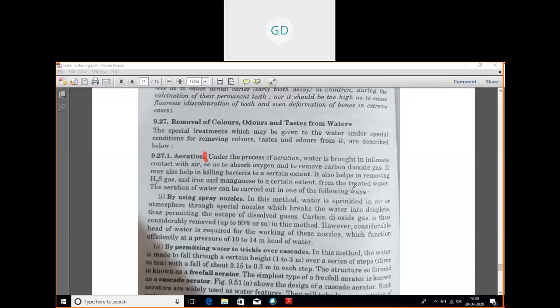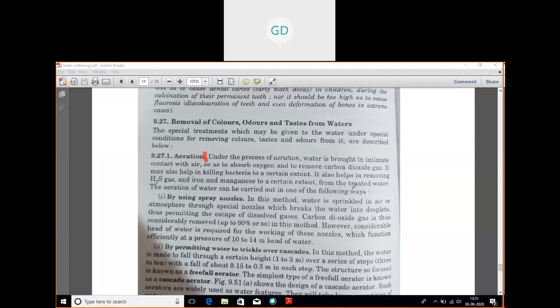So the ultimate work of the aeration process is that the water is brought in close contact with air so that it absorbs oxygen and carbon dioxide gas is removed. It also helps in killing bacteria to a certain extent.